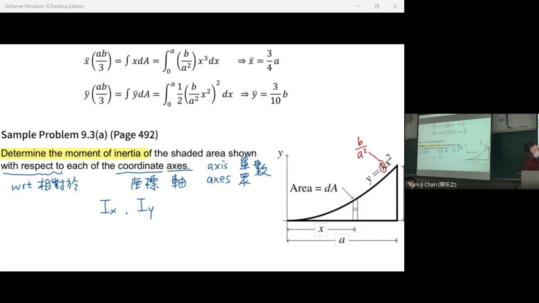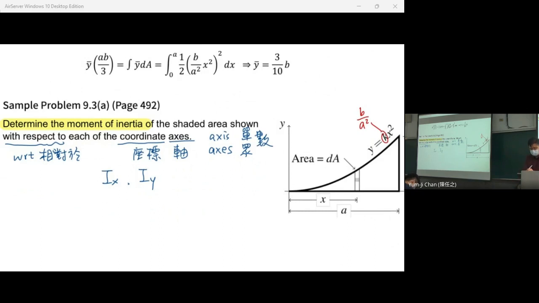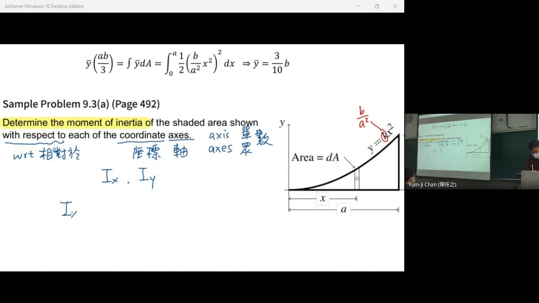Now for the definition, Ix is equal to the integral of y squared dA and Iy is equal to the integral of x squared dA.